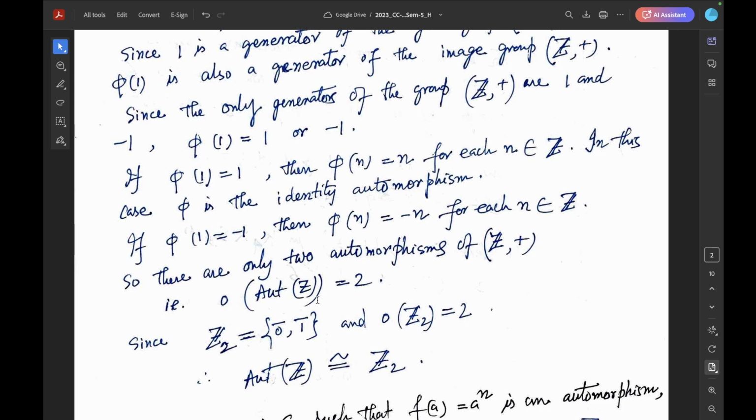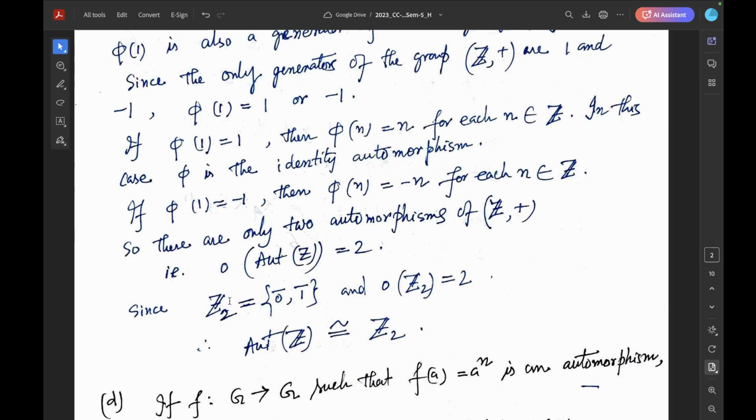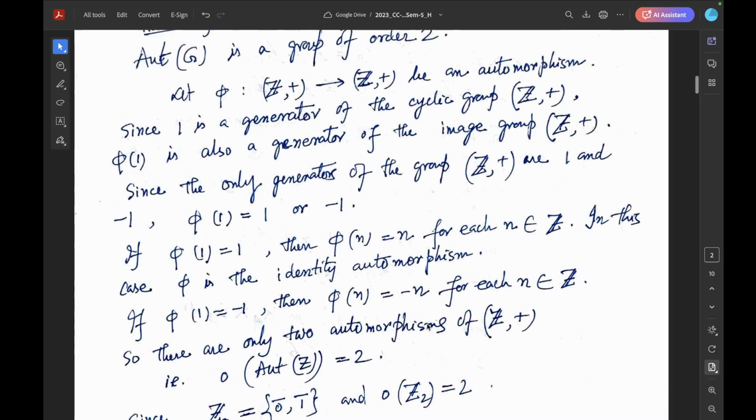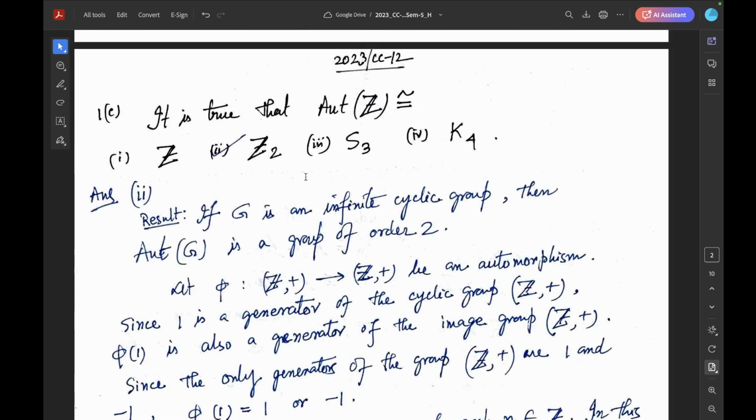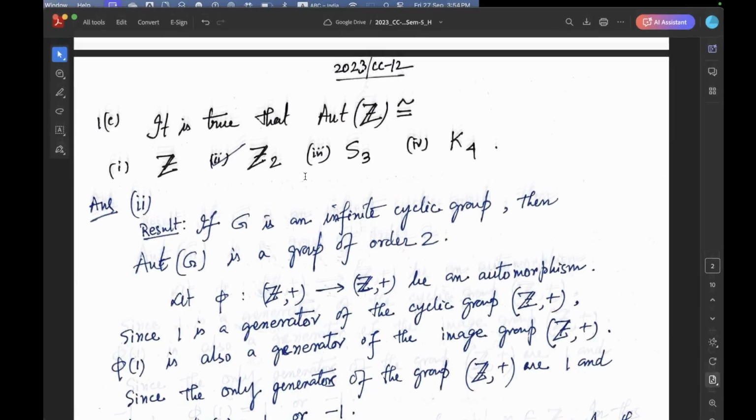That is, order of automorphism group of Z is equal to 2. And since Z2, the set of residue classes, contains class 0 and class 1, and order of Z2 is equal to 2, hence automorphism group of Z is isomorphic to Z2. So correct option is 2, Z2.